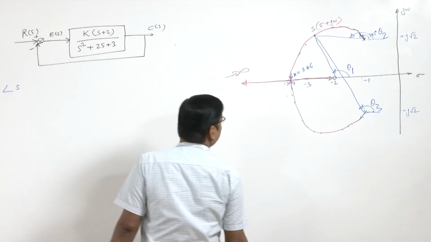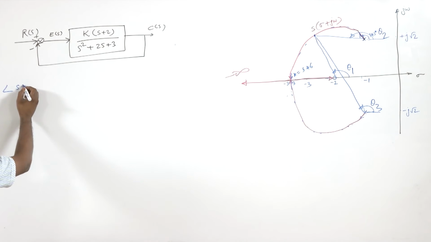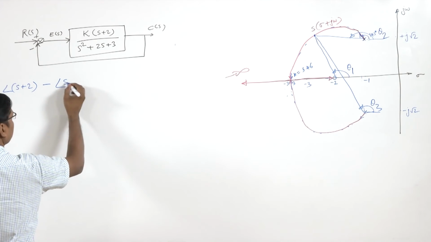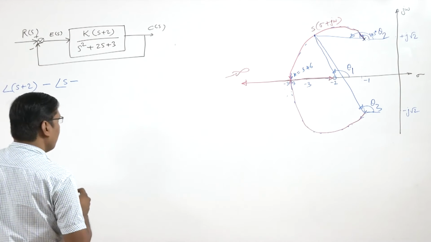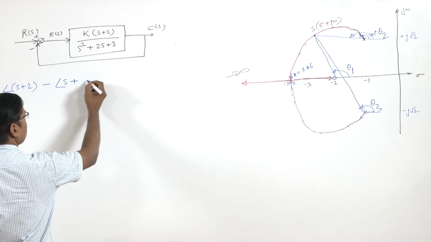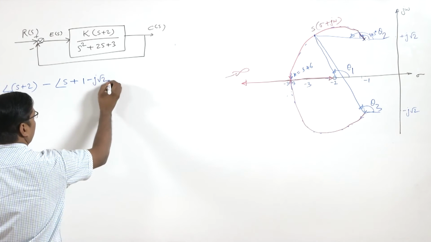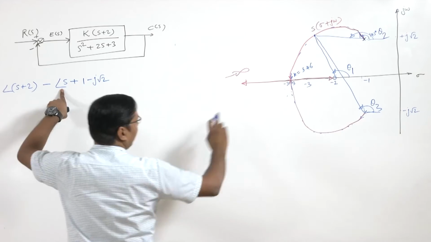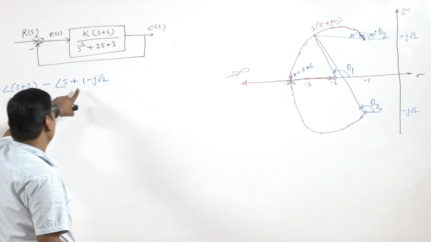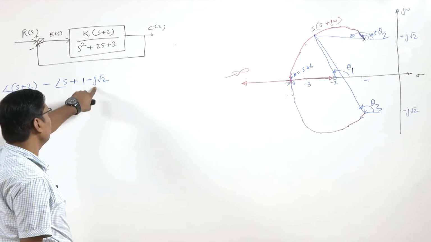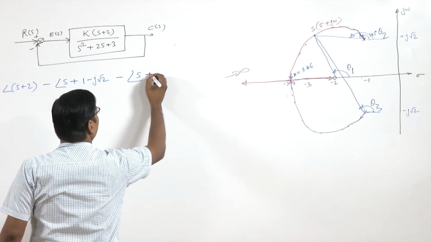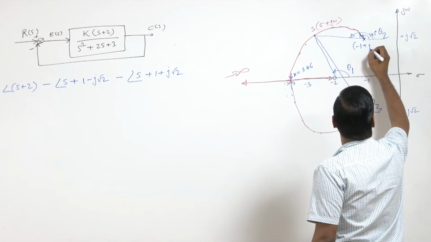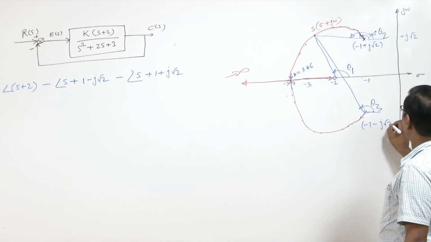We are doing angle of S minus the 0, so S plus 2, minus angle of S minus minus 1 plus j root 2, so S plus 1 minus j root 2, and then minus angle of S plus 1 plus j root 2, the third pole, because these points are minus 1 plus j root 2 and minus 1 minus j root 2, and this is minus 2.